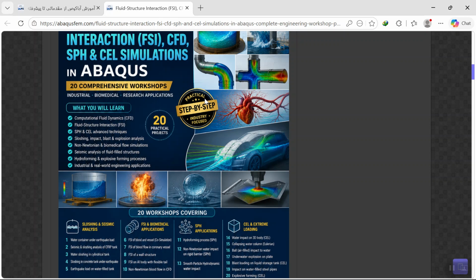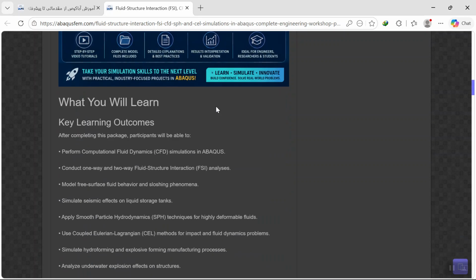To accurately analyze and solve these problems, advanced numerical simulation techniques have become essential tools across industries such as aerospace, automotive, civil engineering, energy systems, manufacturing, offshore structure, and biomechanical engineering.